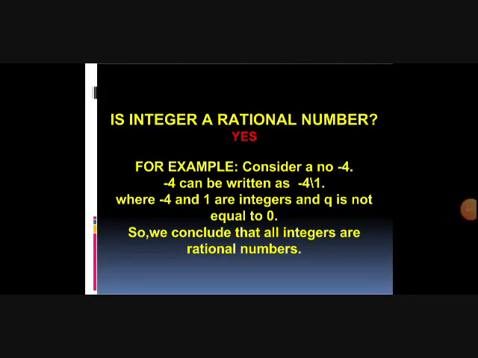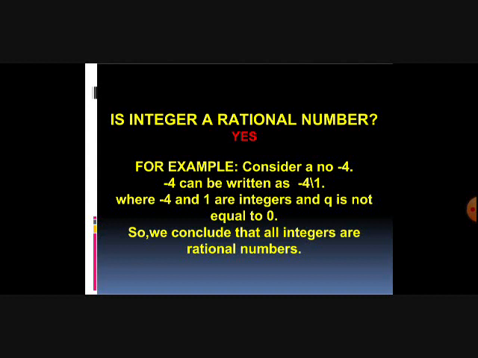Is integer a rational number? The answer for this is yes. For example, consider a number minus 4. Minus 4 can be written as minus 4 by 1, where both minus 4 and 1 are integers and the denominator is not equal to 0.